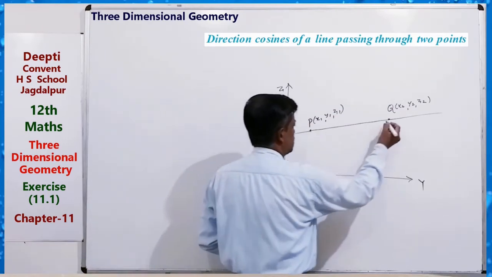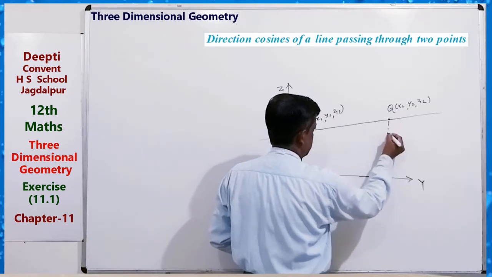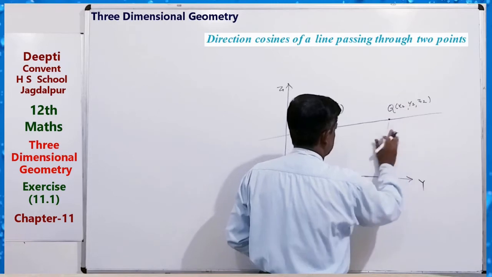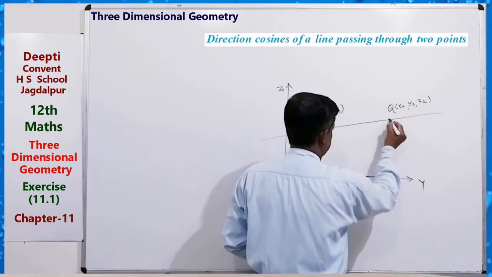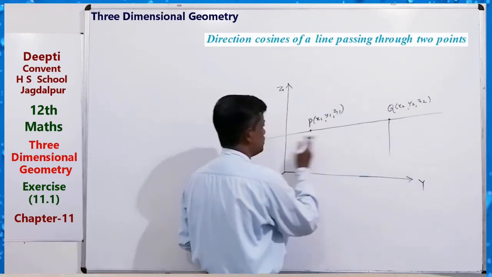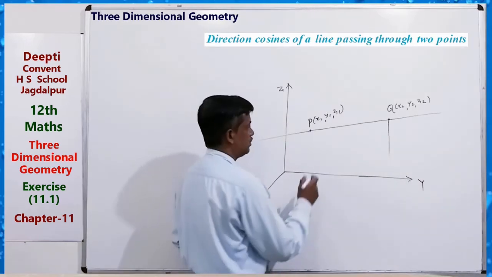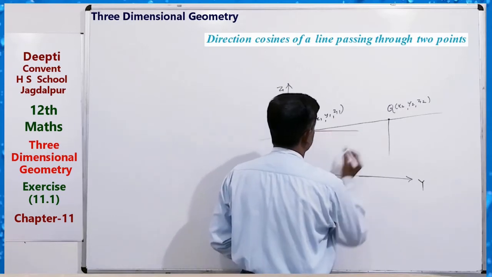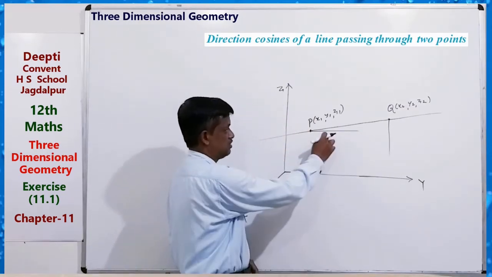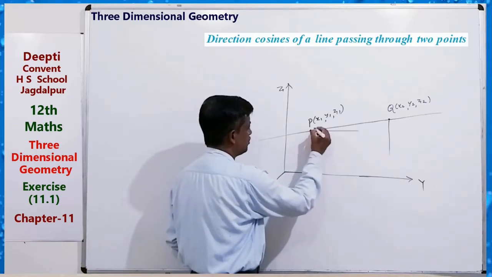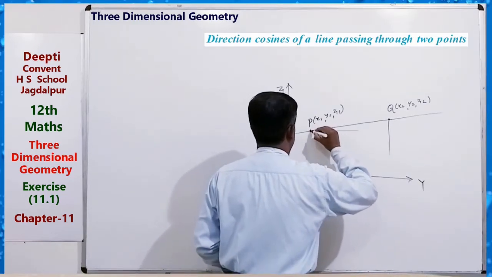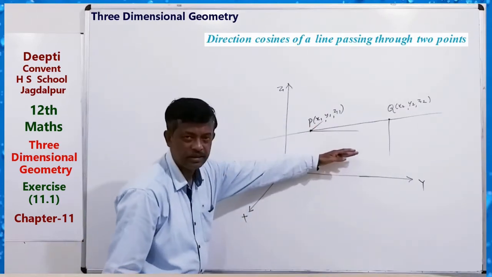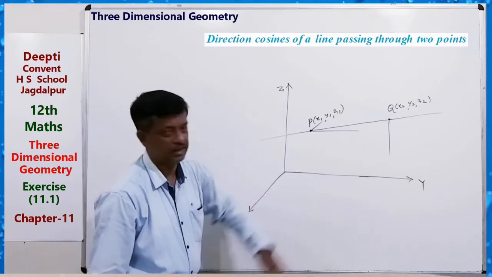Now this is the z-axis, so draw a line parallel to the z-axis. This is the line parallel to the z-axis. Clear? This is the line parallel to the y-axis, and this is the line parallel to the x-axis.